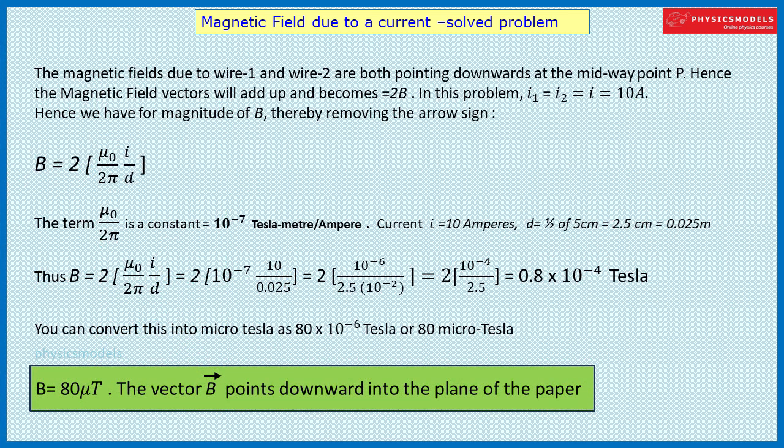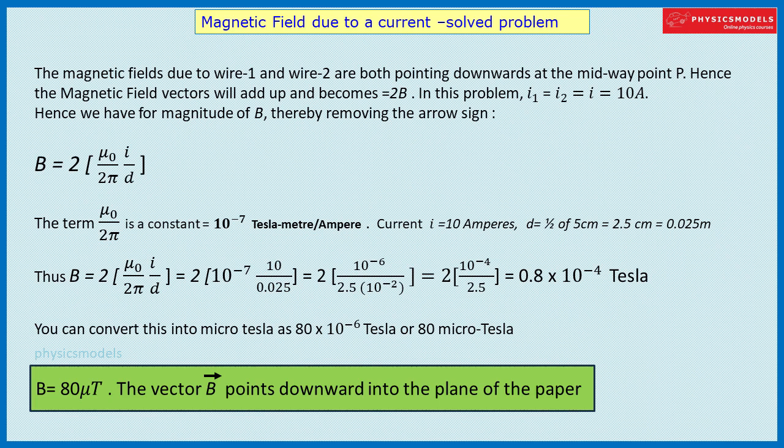So the magnetic field at point P will be 2 times the magnetic field due to wire 1 and due to wire 2. So mu 0 by 2 pi is 10 to the power minus 7 Tesla meter per ampere, and we put in the remaining values for I and d, convert d into meters, and then B works out as 2 into 10 to the power minus 7 into 10 divided by 0.025, and that gives 0.8 into 10 to the power minus 4 Tesla.